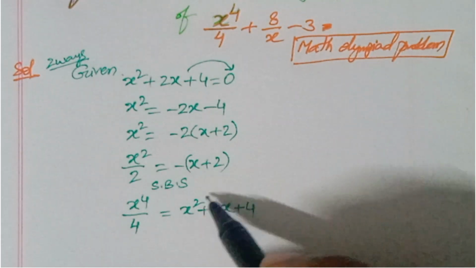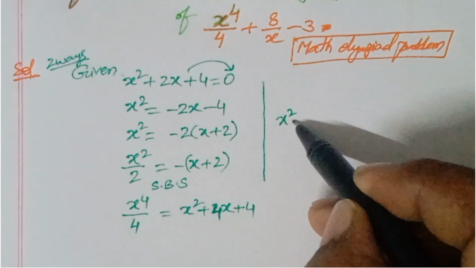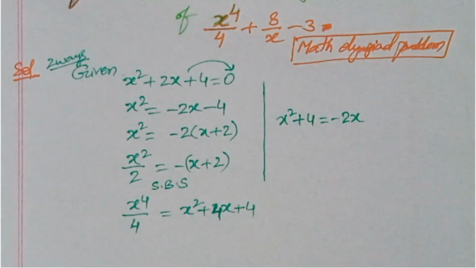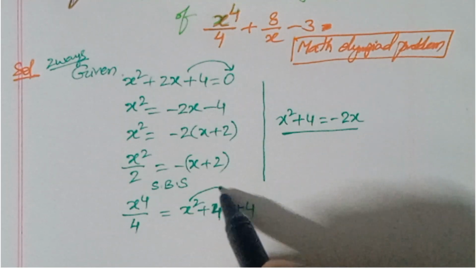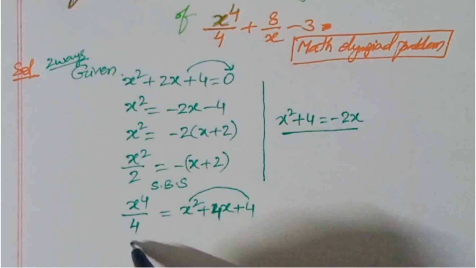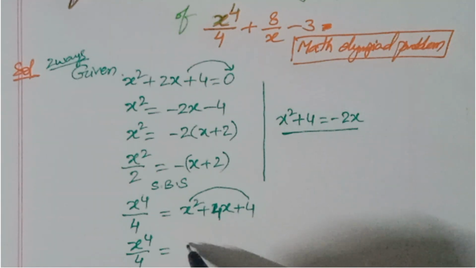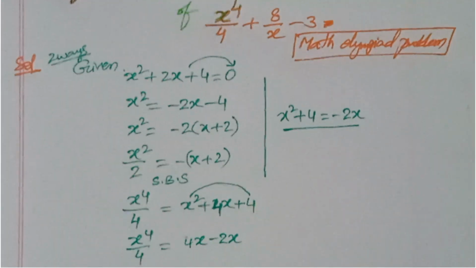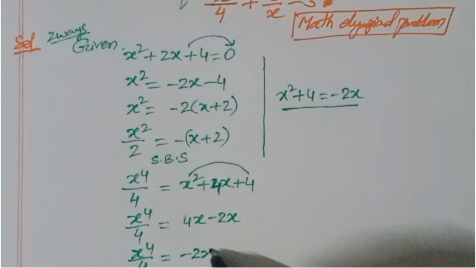From the given, x square plus 4 is equal to minus 2x. So in the place of this, we can keep minus 2x. x power 4 by 4 is equal to 4x minus 2x, so x power 4 by 4 is equal to 2x.